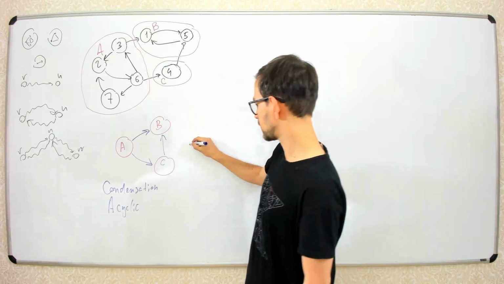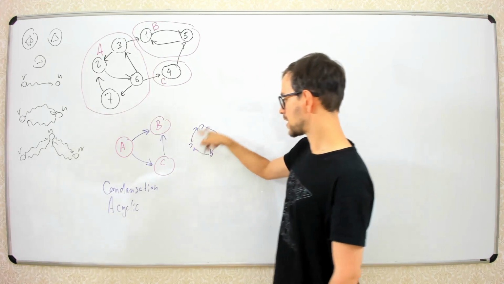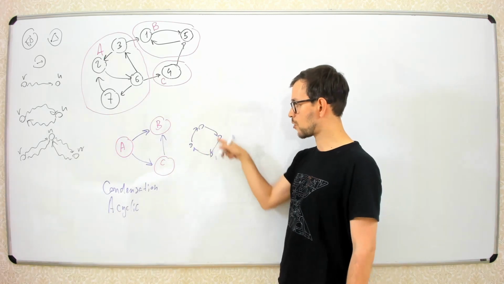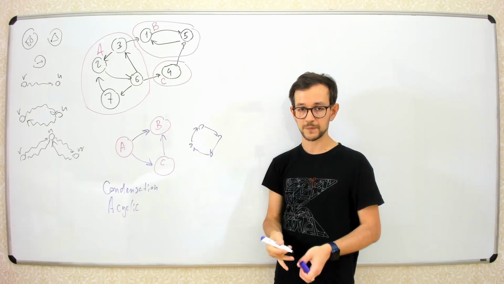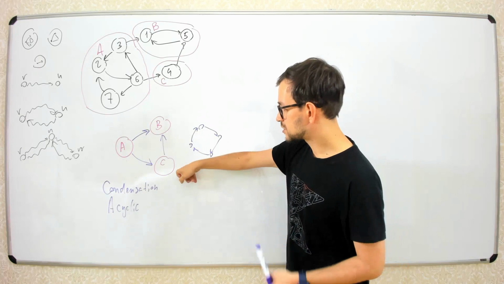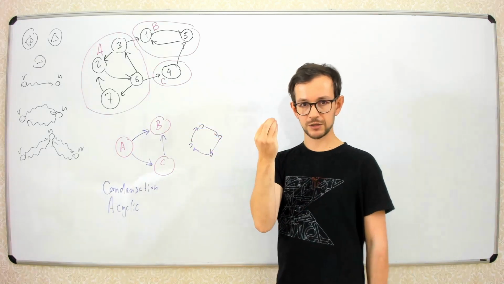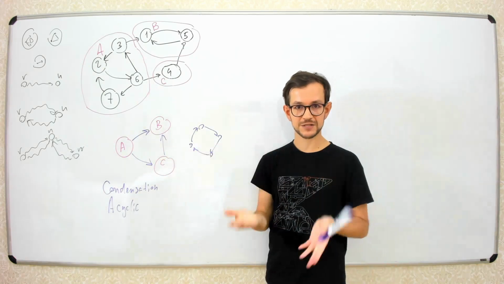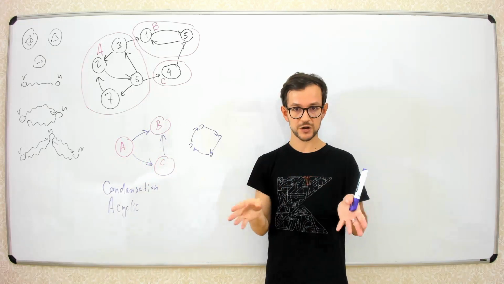If you have a cycle, then in this cycle you can move from any node to any other node. So all vertices in the same cycle should belong to the same strongly connected component, right? So in these condensations, each strongly connected component is just squeezed into one single node. So in this condensation graph, you can't have any cycles. So this condensation is always some acyclic directed graph.